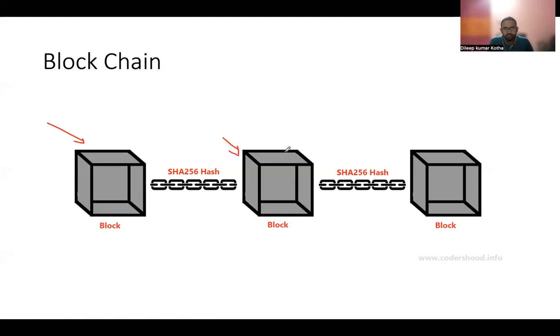Now this block will contain some other data, but it will also contain the SHA-256 of the previous block. Now, again, you will calculate the SHA-256 of this whole block. Now, this block will contain all its data and the SHA-256 hash of this as well. Now, what happens if you modify the data in this block? Say some secure data is there, you have modified the data.